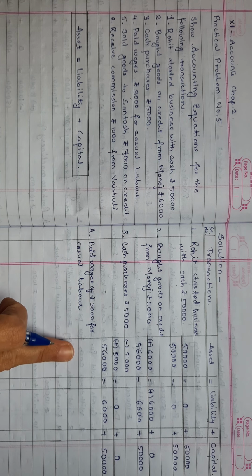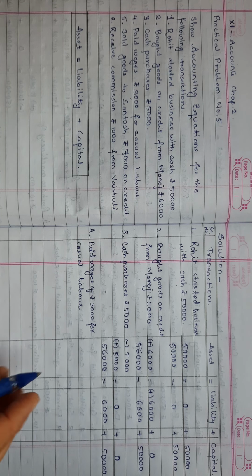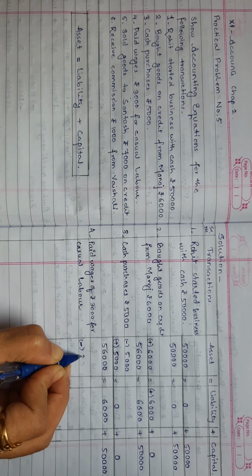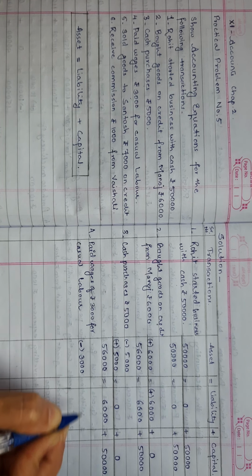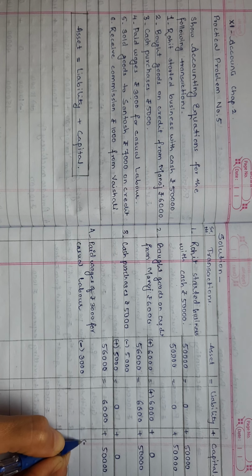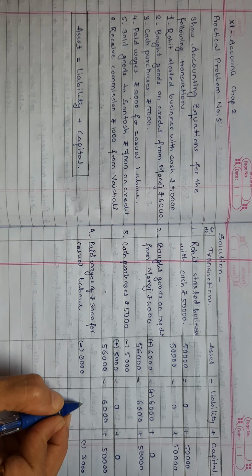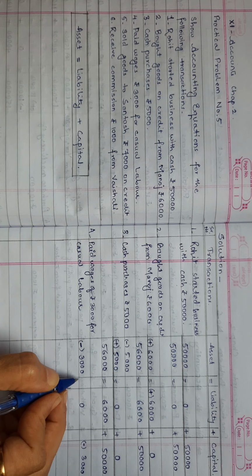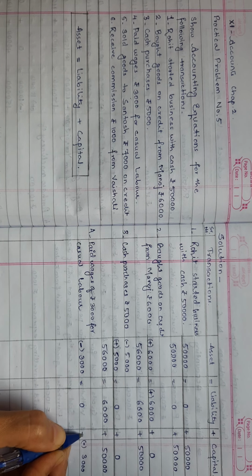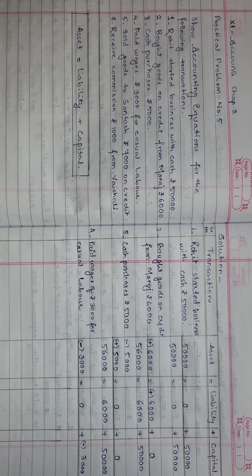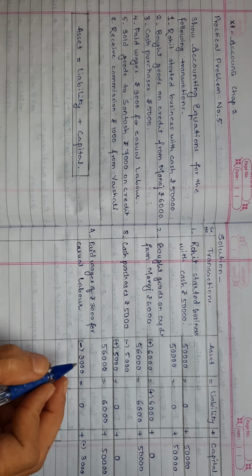It will also reduce the asset balance. So less 3,000 from asset and less 3,000 from capital. The liability will be 0. Keep this equal and plus as it is. After a line, take the total.